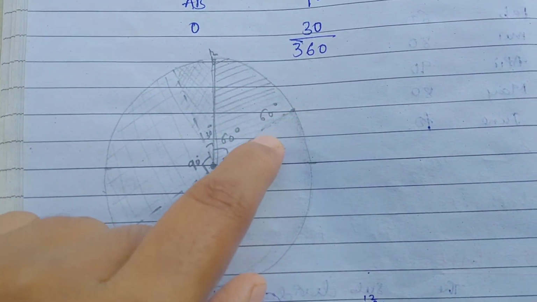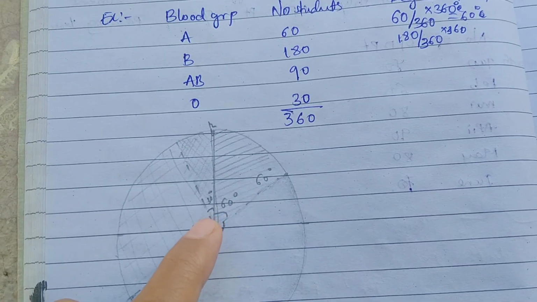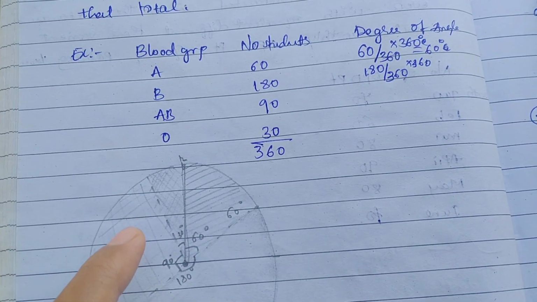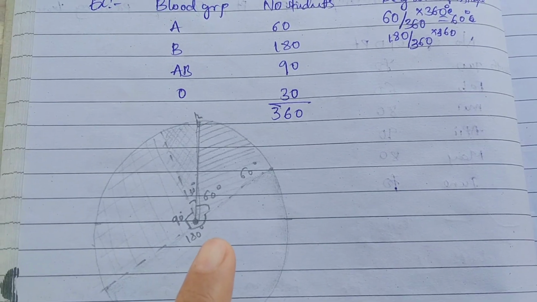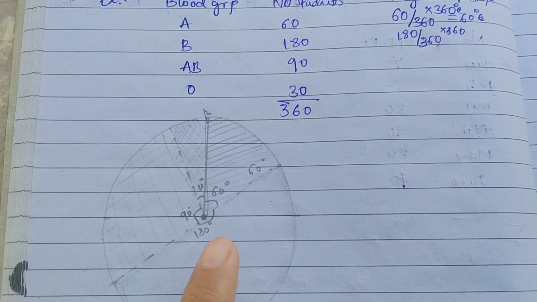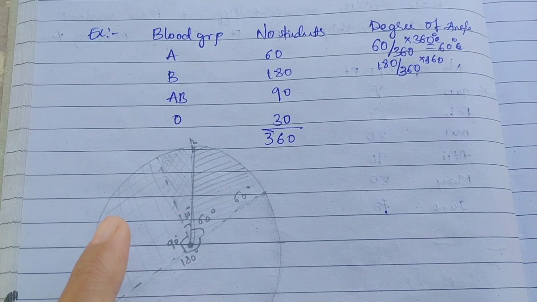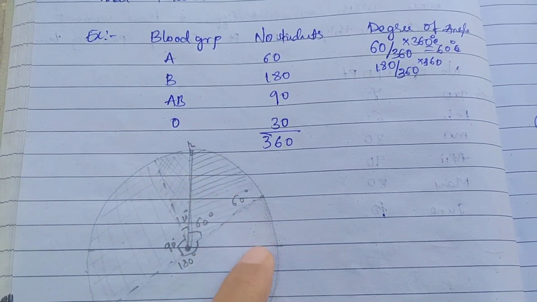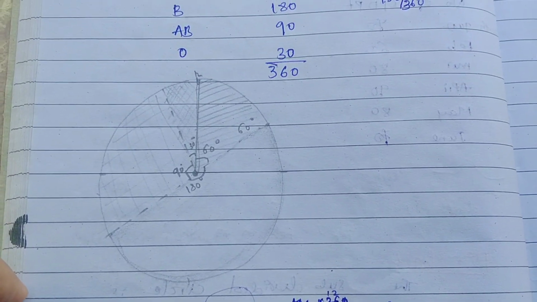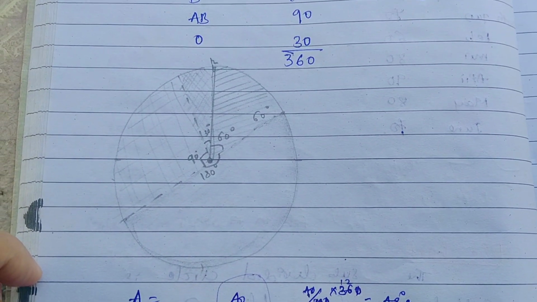In a pie chart we depict this 60 degrees as the piece of the pie chart indicating blood group A. Similarly, the highest one is type B blood group, AB is about 90 degrees and O is 30. Like this we have represented the pie chart.